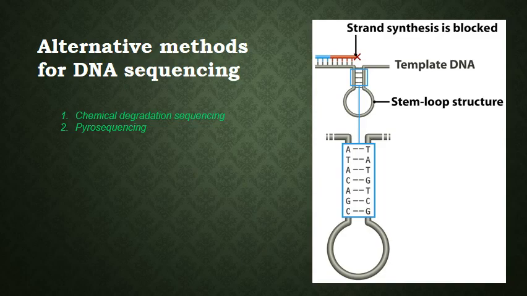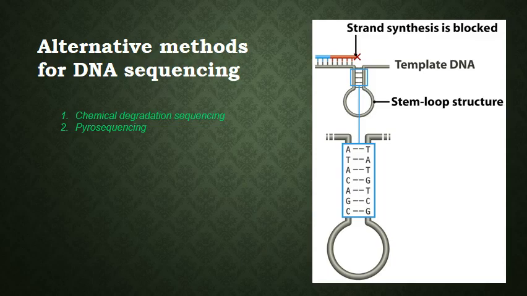This means that at least 4 separate sequencing reactions must be carried out, one for each nucleotide. The starting material is double stranded DNA, which is first labeled by attaching a radioactive phosphorus group to the 5' end of each strand.